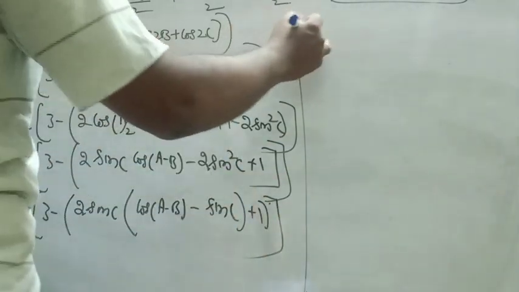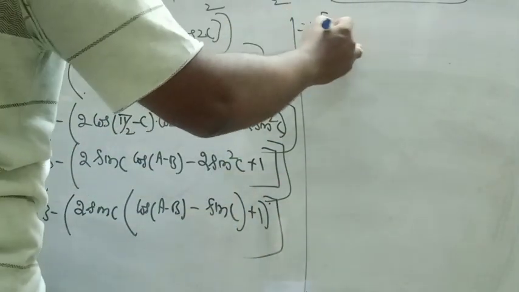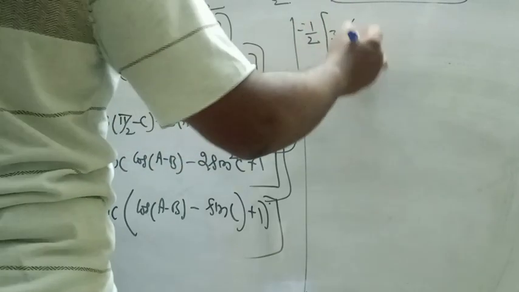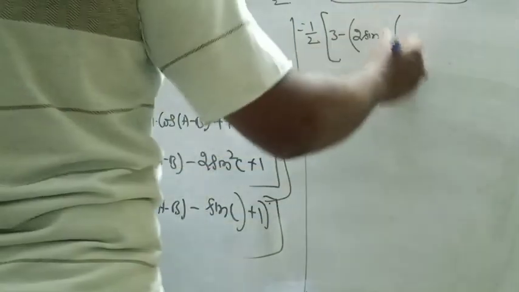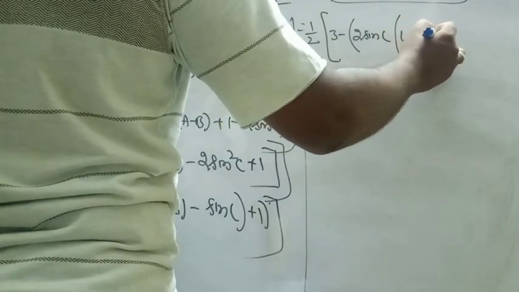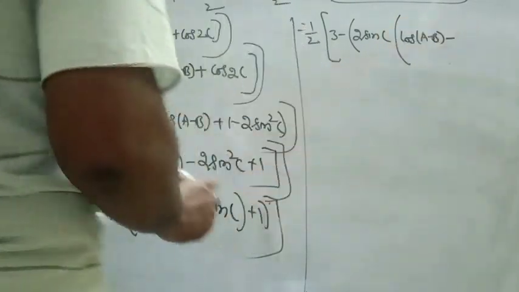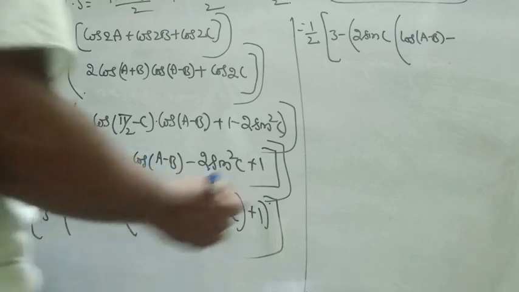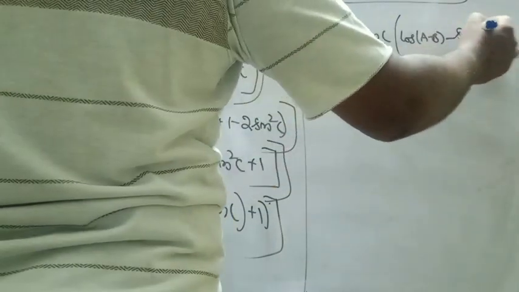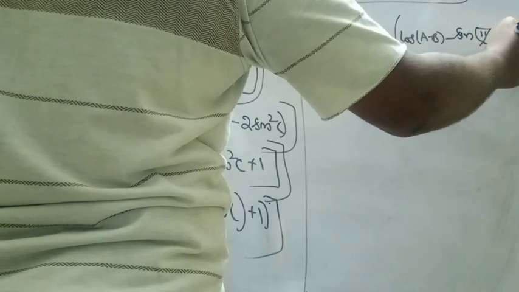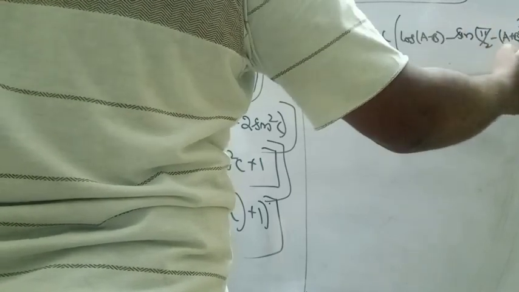Now this is 1 by 2 into 3 minus of 2 sine c into cos (a minus b) minus sine c. Sine c you can write as sine of (pi by 2 minus (a plus b)), plus 1, like this.